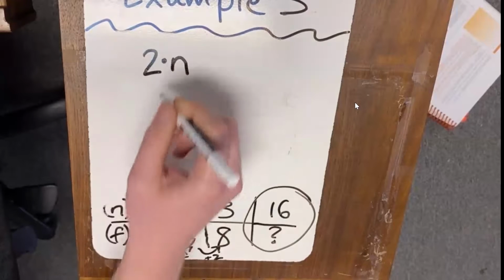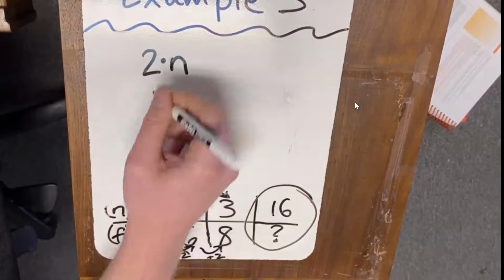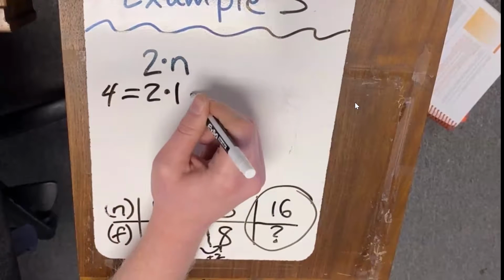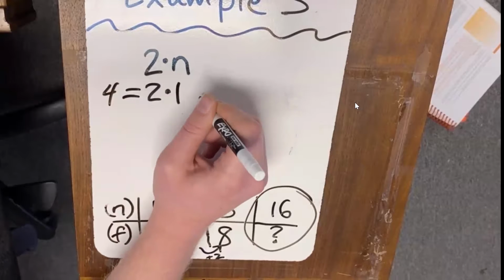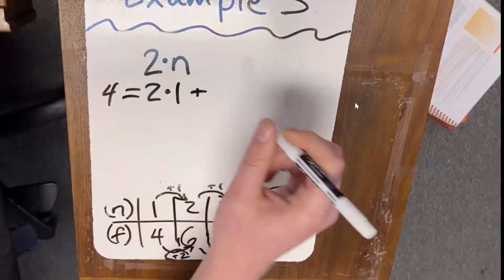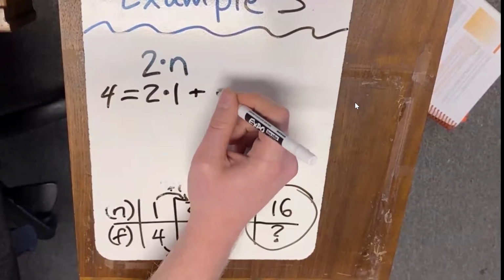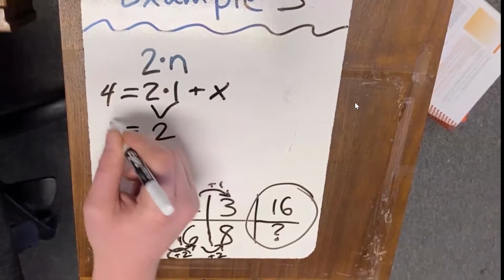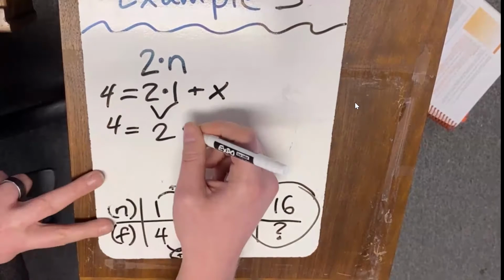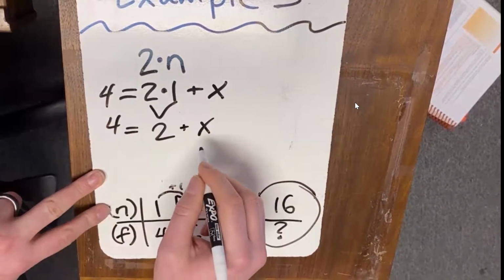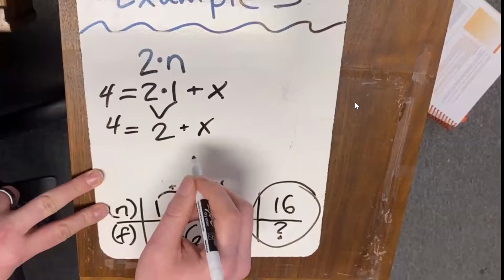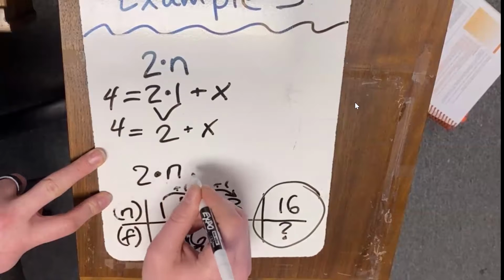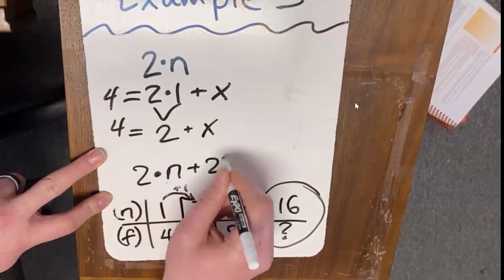And then I need to figure out, if I did 2 times 1, what is my unknown number, that would be x. So 2 times 1 is 2, equals 4, which is what my final answer is. Now I can figure out what my x needs to be, and that's just going to be 2. So I'm going to have 2 times n plus 2 for my equation.